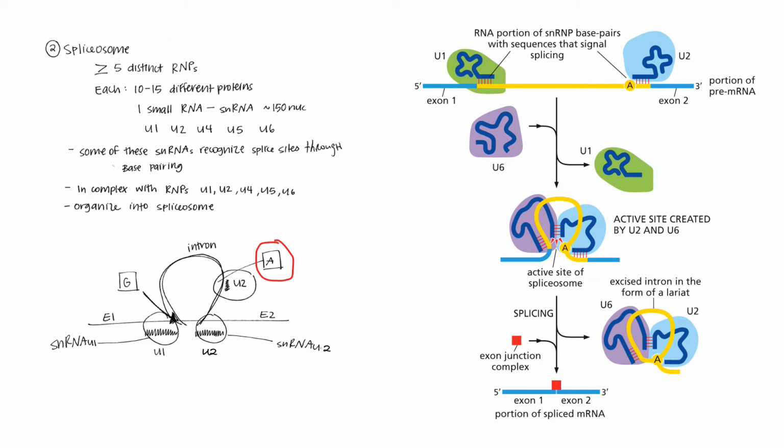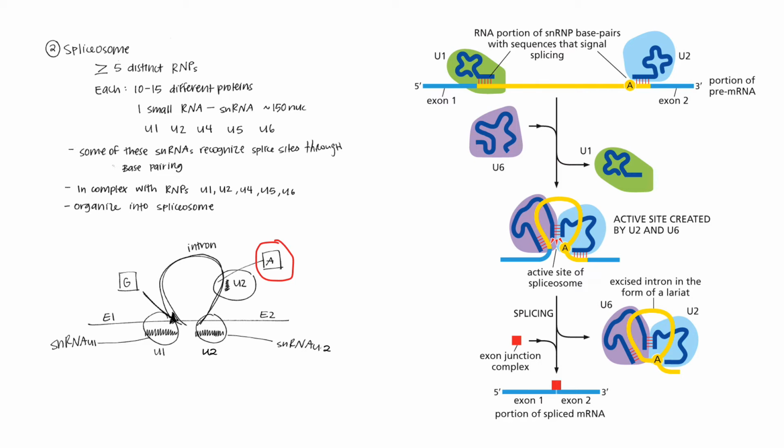This is also illustrated in the diagram on the right, the color diagram that I took from the book. And what it shows again is the exon 1 is in blue, the introns are in yellow. There's that A, which is important in this whole process, and the intron-exon boundary at exon 2, bound by the ribonucleoprotein complex U1 and U2 by virtue of the base pairing, which is shown. Then it shows U6 coming off and U6 going on and U1 coming off.